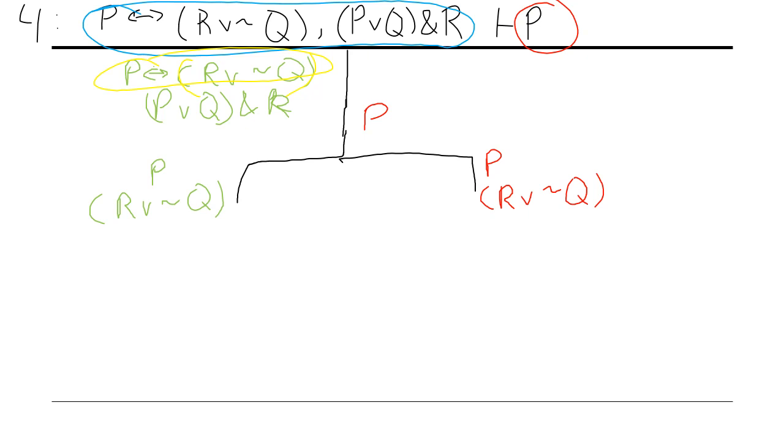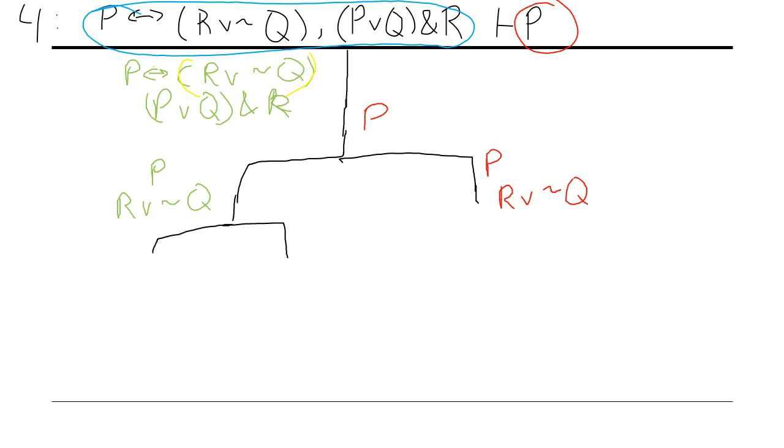Now, if you wanted to use my trick from before, we already see that we're going to have a contradiction here. So really, you could go ahead and close this off and stop if you wanted to, because you know you're going to have a contradiction. But in the interest of getting as much practice as we can, I'm going to act like I don't see that. So I'm going to keep breaking this down. I'm going to get rid of these parentheses because I don't need them anymore. So I'm going to focus on the left side for right now. What makes a wedge true is wherever one of them is true.